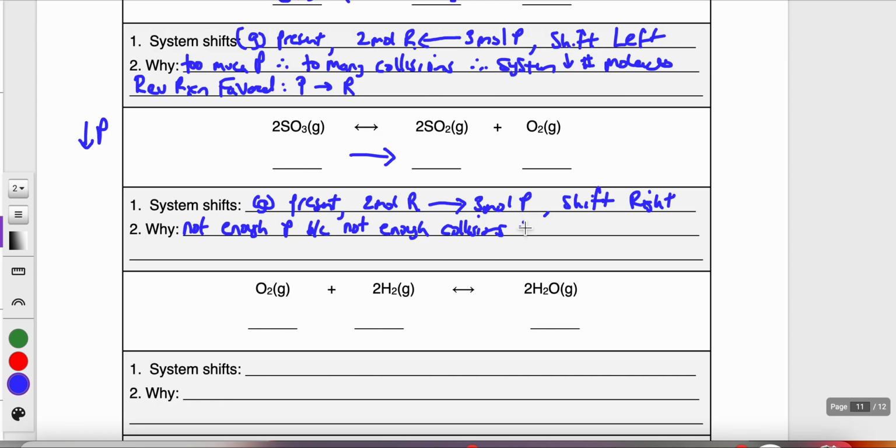There's not enough pressure because there's not enough collisions. So, in order to have more collisions to raise the pressure in the system, it needs to increase the number of molecules. More collisions, higher pressure. So the product side has more molecules, or a higher number of moles.